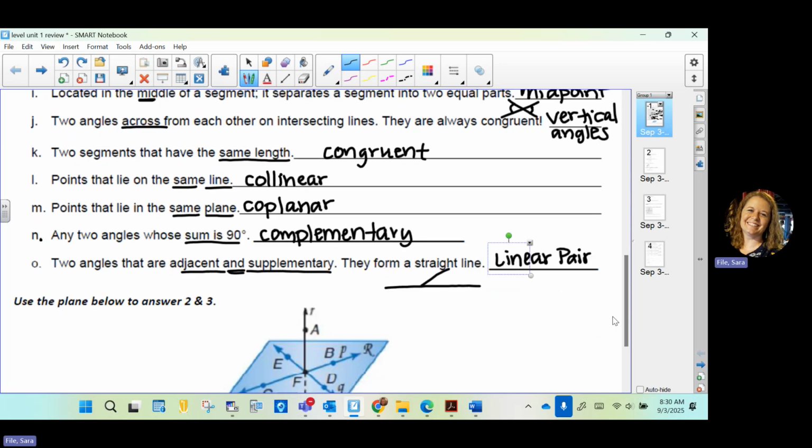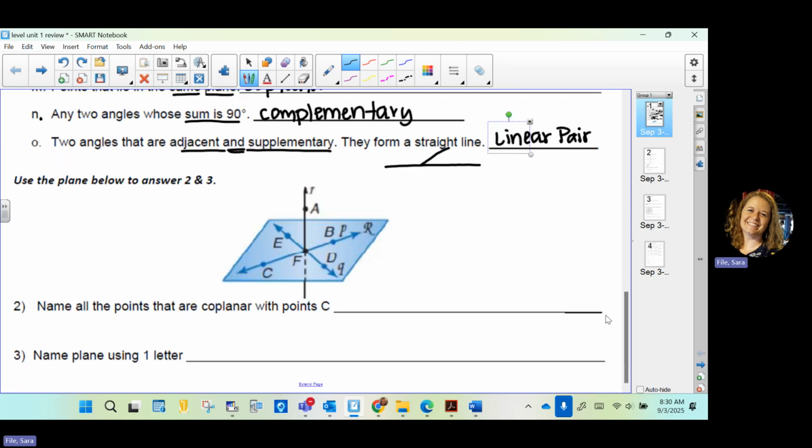Let's look at the bottom of this page, and we'll be done with the first page. It says, use the plane below to answer 2 and 3. Remember we said a plane is normally depicted with a parallelogram like this. So we're visualizing this flat surface. We imagine that it goes on forever in all directions. We've got this flat surface, and you've got these blue lines on it intersecting.